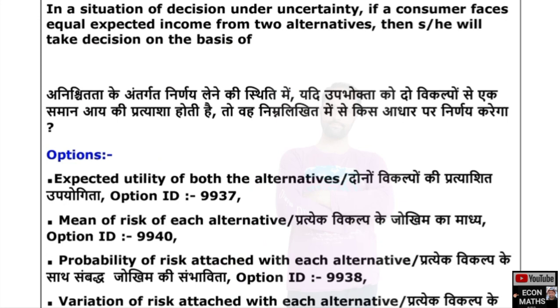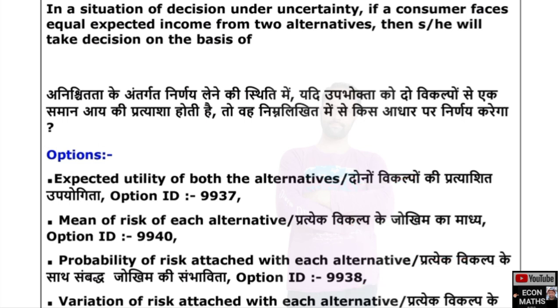Next question is, in a situation of decision under uncertainty, if a consumer faces equal expected income from two alternatives, then he or she will take decisions on the basis of: expected utility of both the alternatives, mean of risk of each alternative, probability of risk attached with each alternative, or variation of risk attached with each alternative.